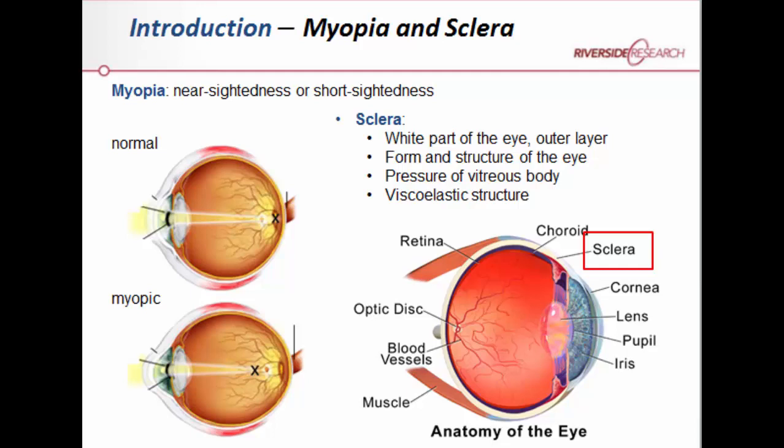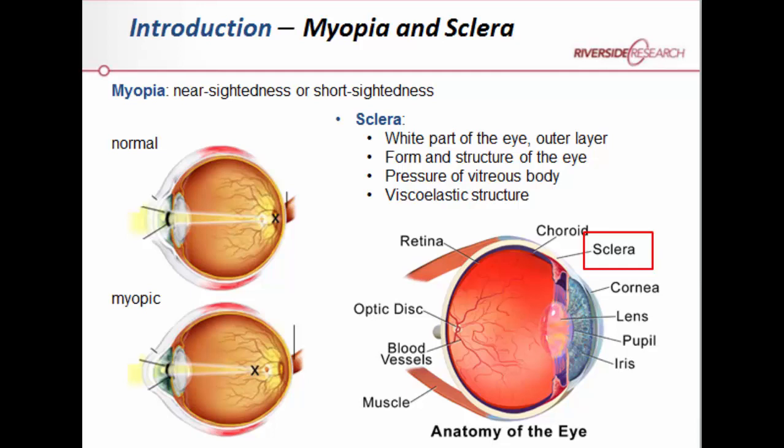And the retina is actually the place where the light is detected, and this leads then to blurring of the vision. Well, and we are in particular interested in the sclera of the eye. So the sclera is the outermost layer of the eye, or it's also the white part of the eye.